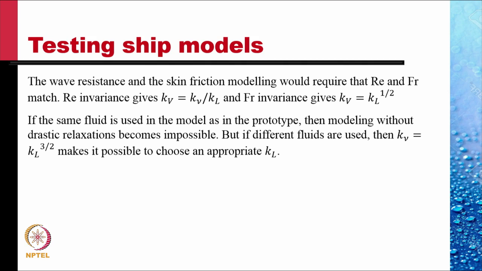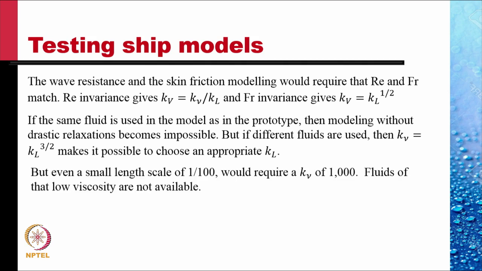If I can choose a fluid with a kinematic viscosity which is much lower than the kinematic viscosity of water. But even a small length scale of 1/100, this Kl of 100, would require a Kv of 1000.